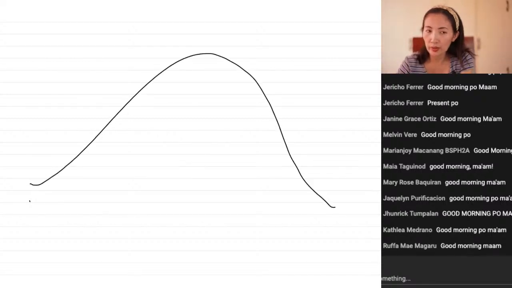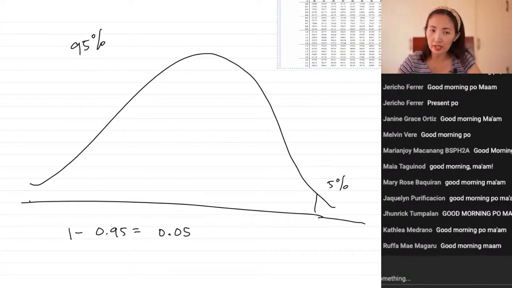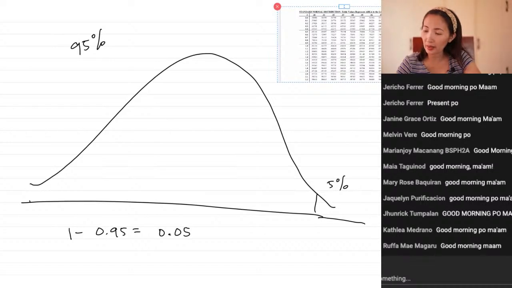When we speak about 95%, the total area under the normal curve is 100%. If it's a one-tailed test, the diagram would look like this, but if it's two-tailed, then we divide.